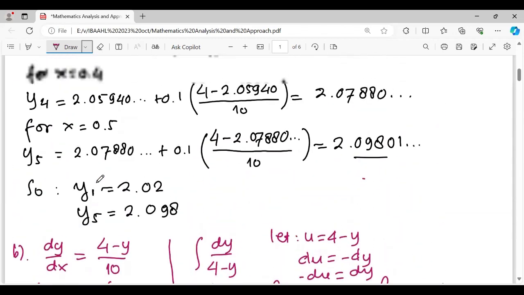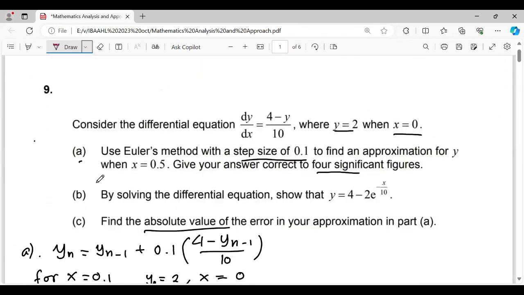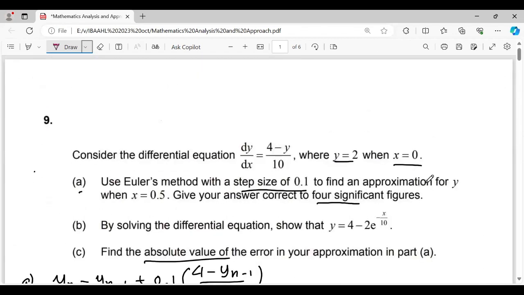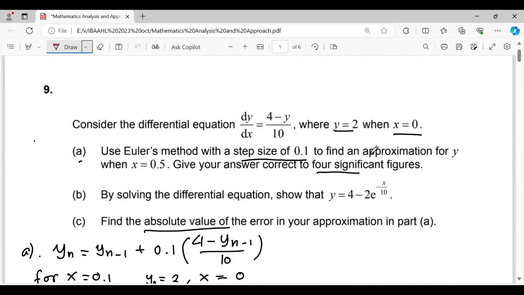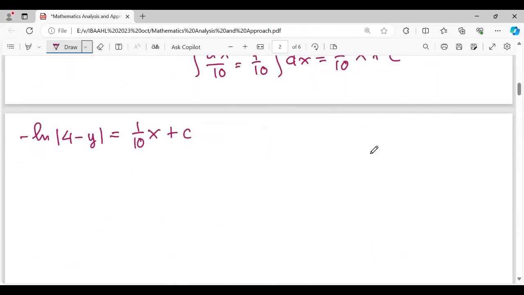Based on the information that x equals 0 and y equals 2, substitute into this equation: minus ln(4 minus 2) equals 0 times 1 over 10 plus c. So c equals minus ln 2.